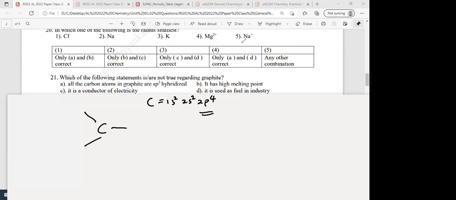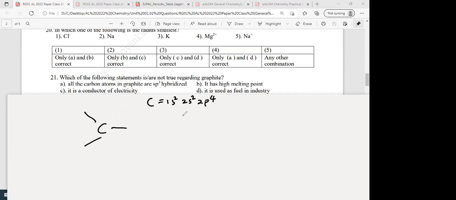Most of you put the answer, very good. I think only 2 of you have posted the answer to the chat for the 21st one. Let's see. So there are 4 valence electrons. Now the carbon atom is actually sp2 hybridized.